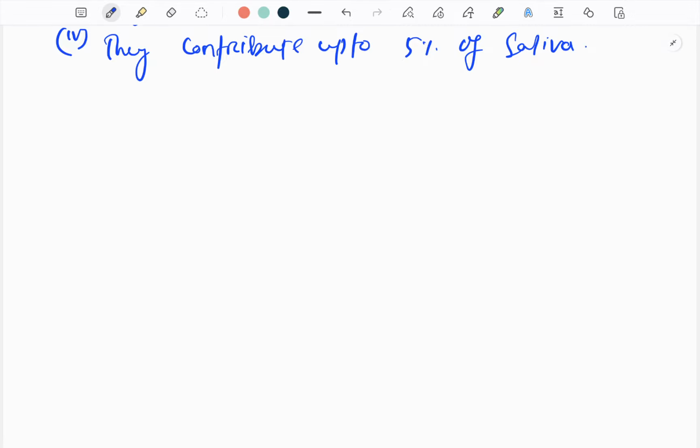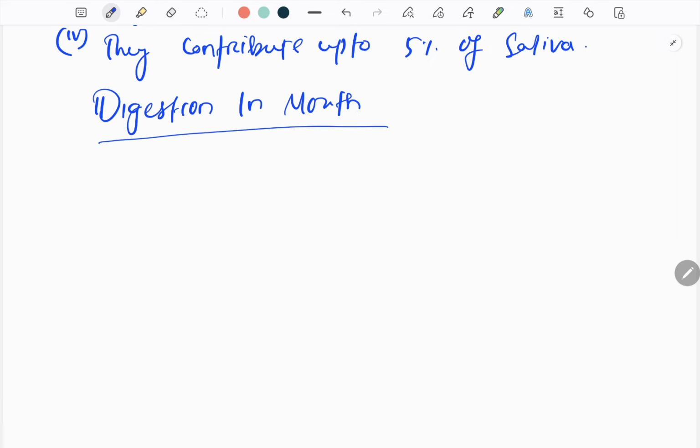Now let us talk about digestion in mouth. During digestion of food in the mouth, the most important thing is mastication of food.